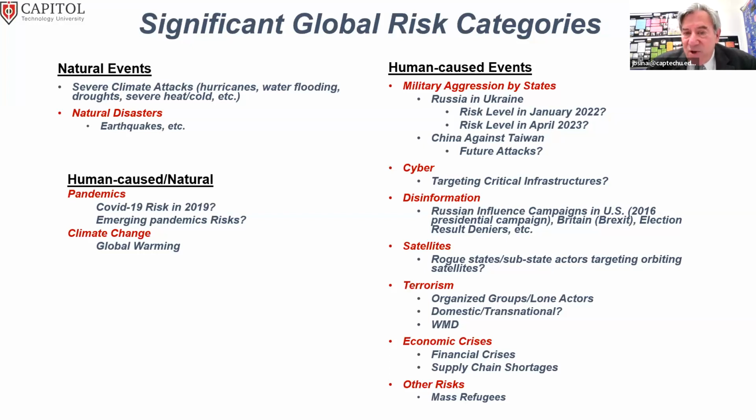Terrorism represents a major global risk, whether by organized groups or lone actors, whether they are domestic or transnational. Will some of them conduct attacks involving weapons of mass destruction? Economic crises represent a huge risk in global security, especially financial crises. Everyone is concerned that high interest rates are resulting in the collapse of major banks, such as the Silicon Valley Bank and others.